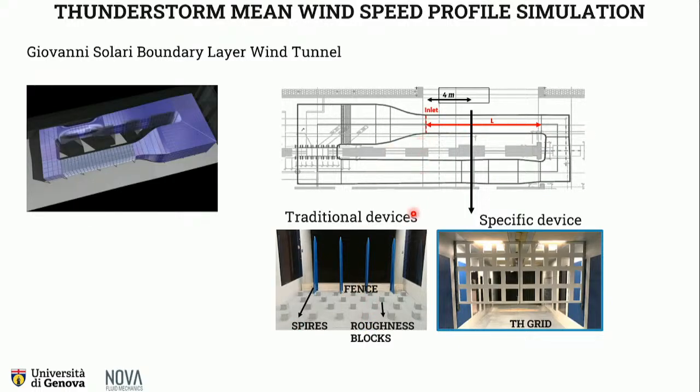And in addition to this, we designed a specific device that we call thunderstorm grid, which we located 4 meters from the inlet, and it is constituted of modules which span the width of the wind tunnel and have openings of different size. And the main objective of these modules is to slow down the velocity at the top of the wind tunnel in order to create the nose-shaped profile.